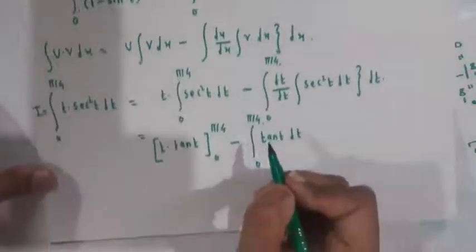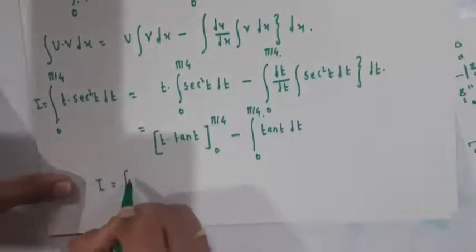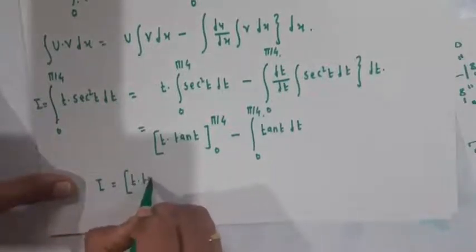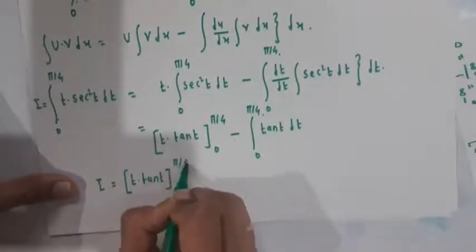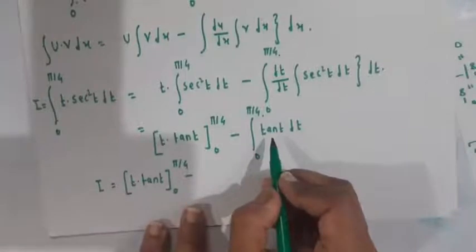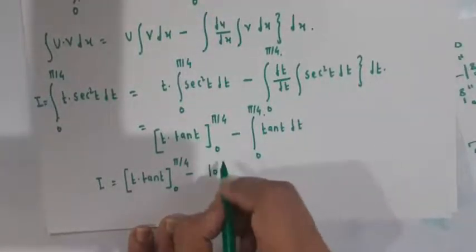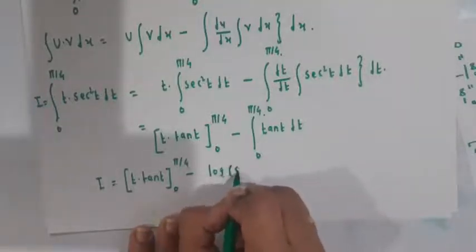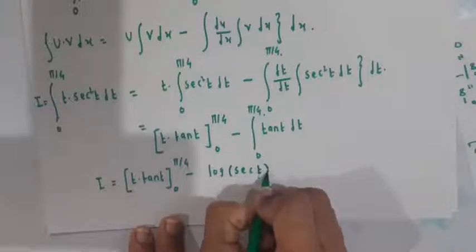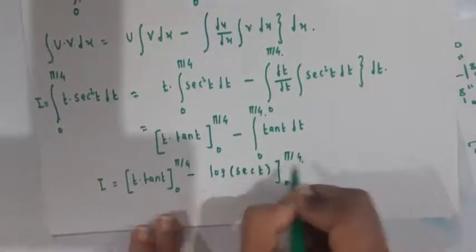Now integration I equals t into tan of t, limit of integration 0 to pi by 4, minus integration of tan of t, which is log of sec of t, limits of integration 0 to pi by 4.